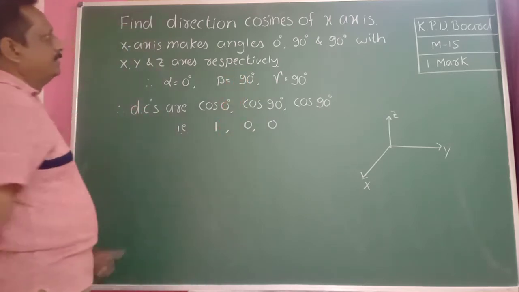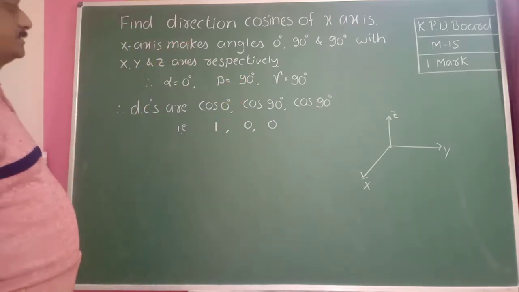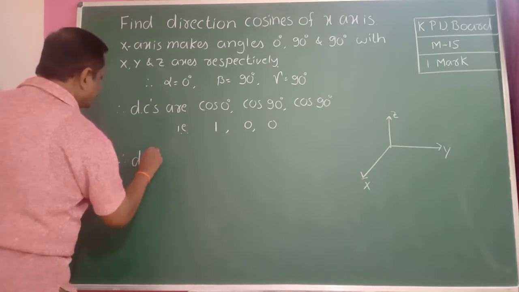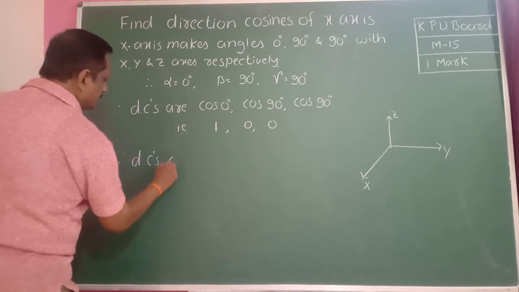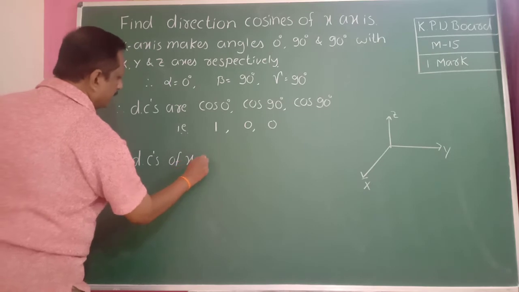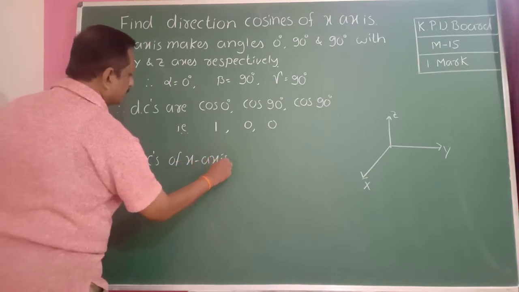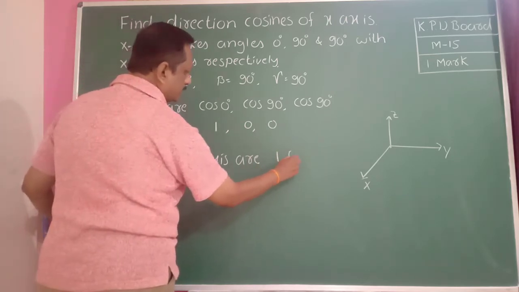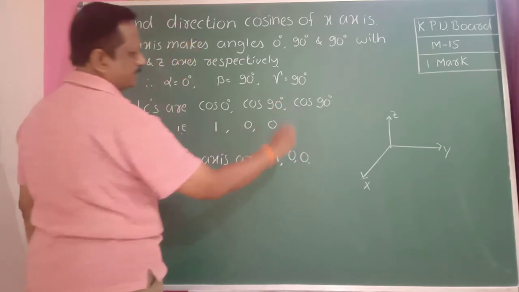Therefore direction cosines of x axis are 1, 0, 0. So this is the answer.